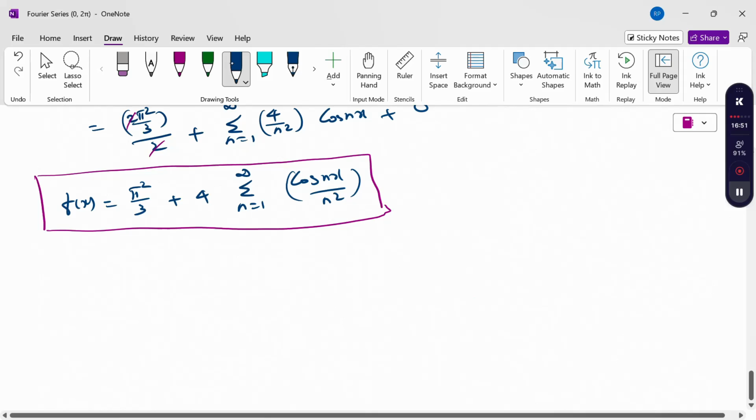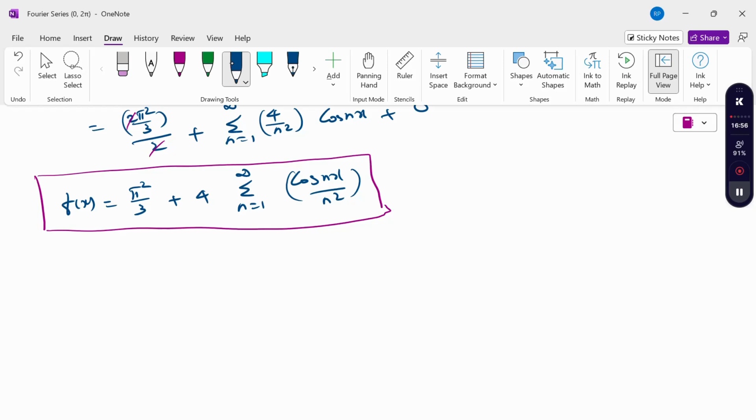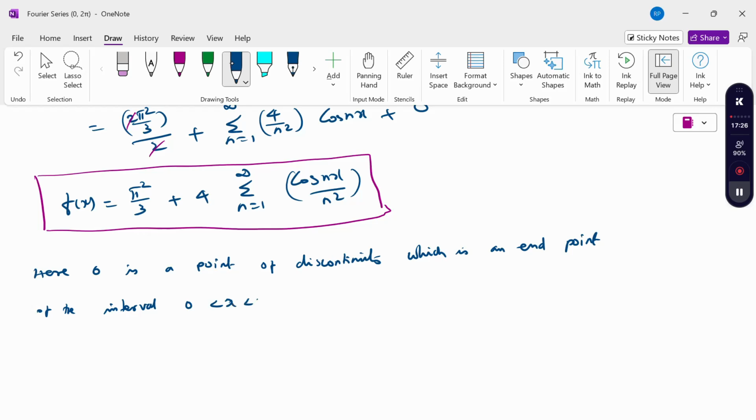Therefore now here 0 to 2 pi. So this f of x is nothing but pi minus x whole square. Here 0 is a point of discontinuity because of the interval 0 to 2 pi, but it's an end point. So 0 is a point of discontinuity, which is an end point of the interval 0 to 2 pi.